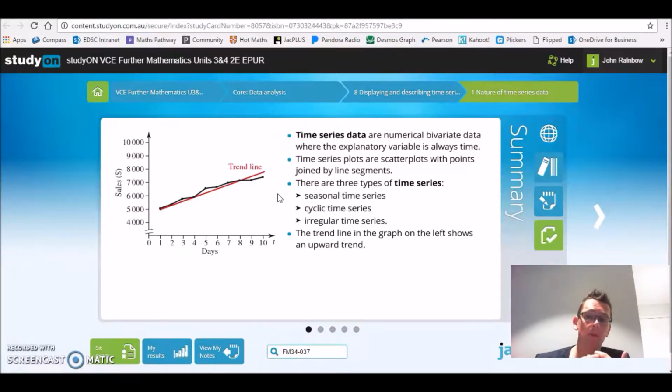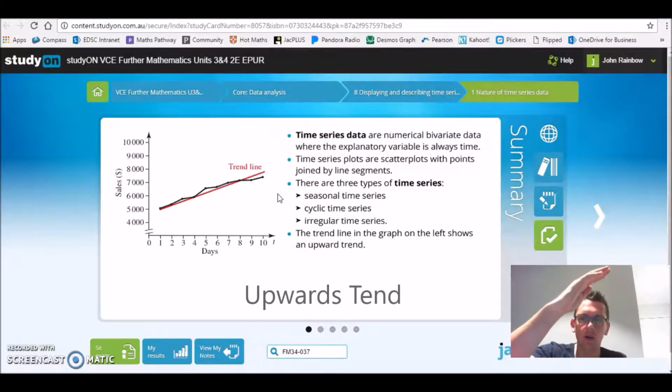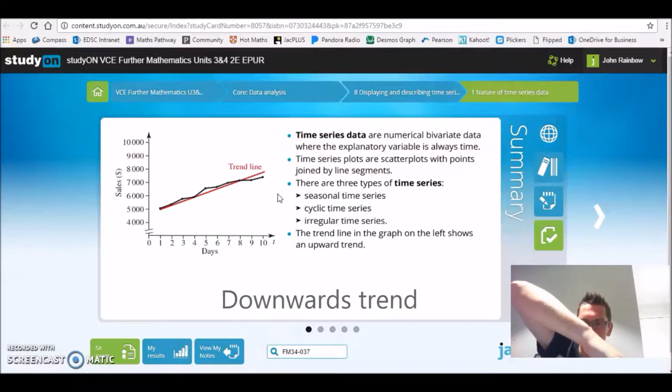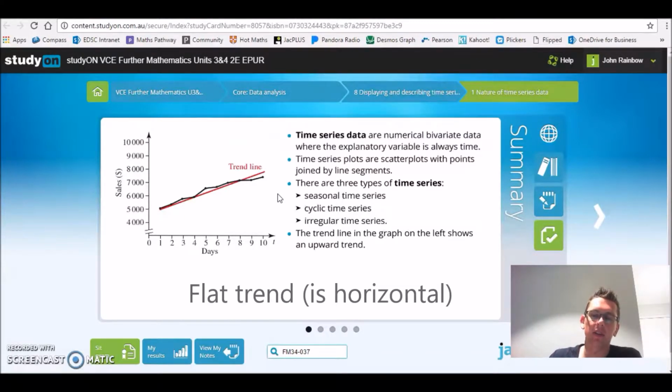And if it doesn't fall into one of those, we also look at the general trend of the graph too. So if it has a general upwards trend going that way, or a general downwards trend coming down that way. So we're going to look at these data, and we look at the time and what happens, basically the data over time, and that's what we talk about.